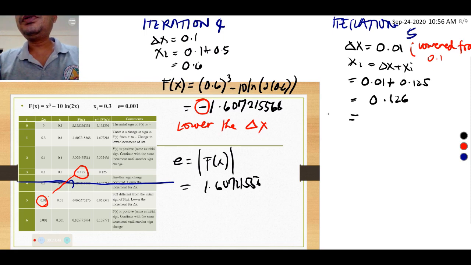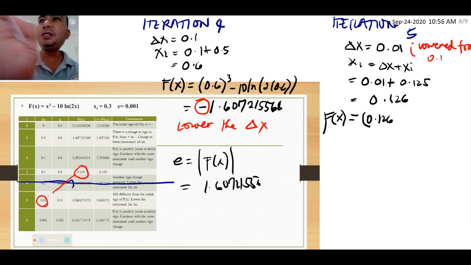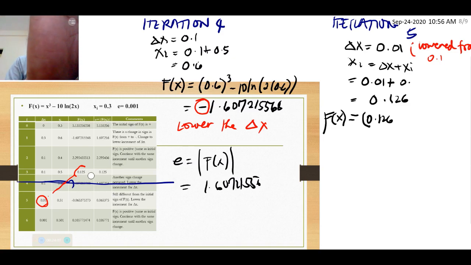Sorry, our value for xi is not 0.125, I had pointed at f of x.